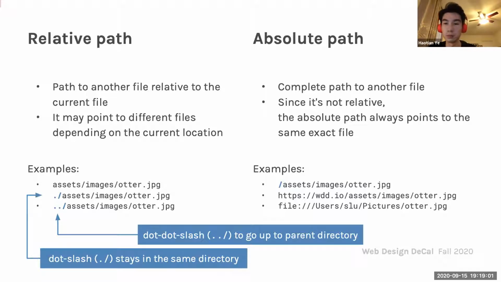You could just type youtube.com and that would work the same. Or you don't need to type the IP address of YouTube every single time, memorizing those digits in order to get to that website. So an absolute path is like an IP address or like HTTPS. That's a complete path. And since it's not relative, these absolute paths always point to the same exact file.